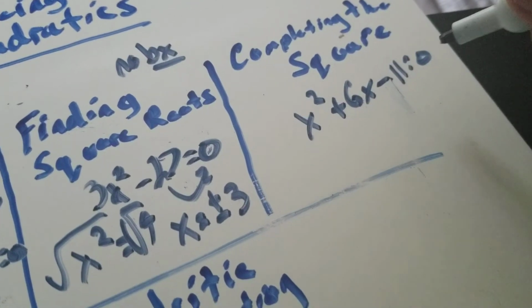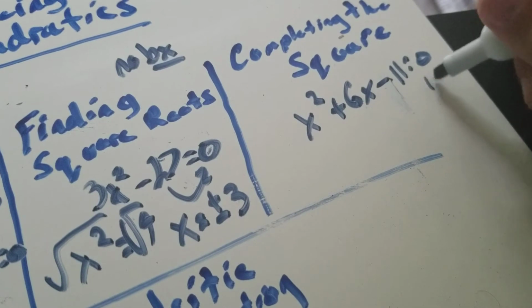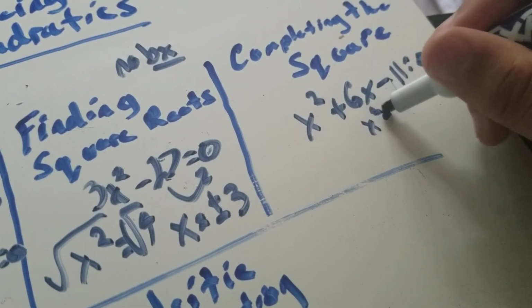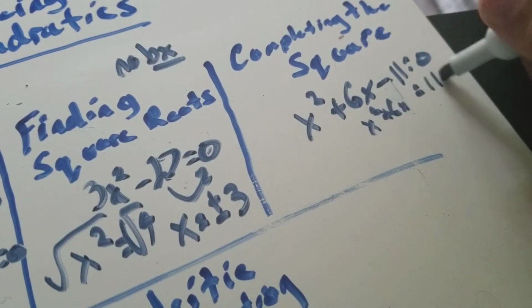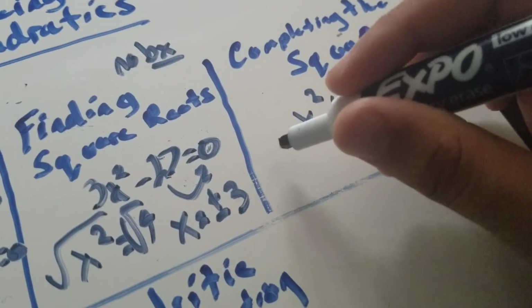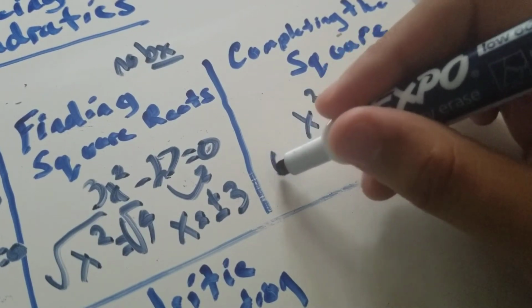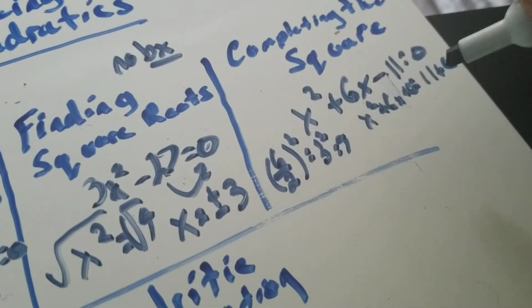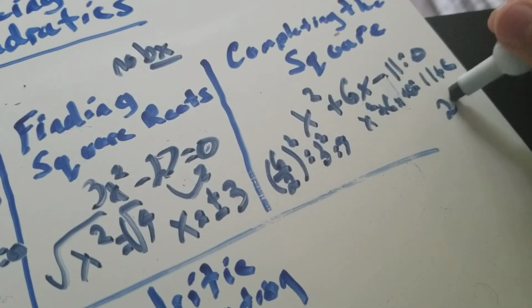And a reminder of what completing the square is, you add 11 to both sides, or you get the x by itself. You go to plus c to both sides. You find c by doing b over 2 squared. So 6 over 2 squared equals 3 squared, which is 9. On the right, 11 plus 9 is 20.